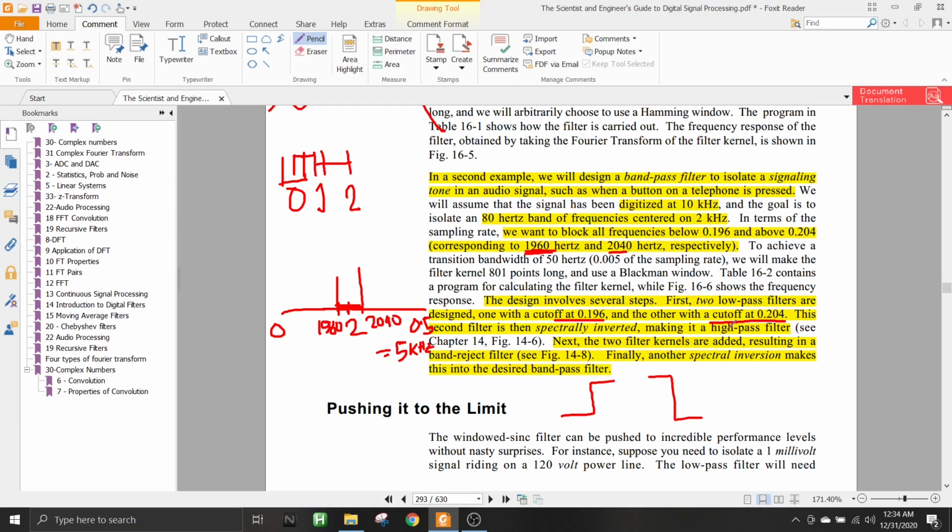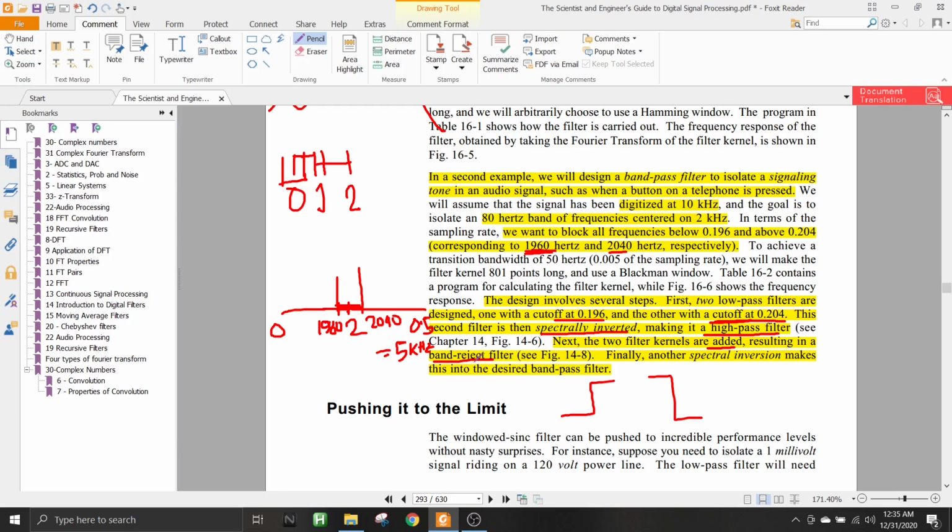So we create two low pass filters at first, then one of them needs to be a high pass, so we invert this one. The second filter will be spectrally inverted, making it a high pass filter whose cutoff frequency is at 0.204. Then we add these two filter kernels, and as we said, addition of low pass and high pass produces a band reject filter.